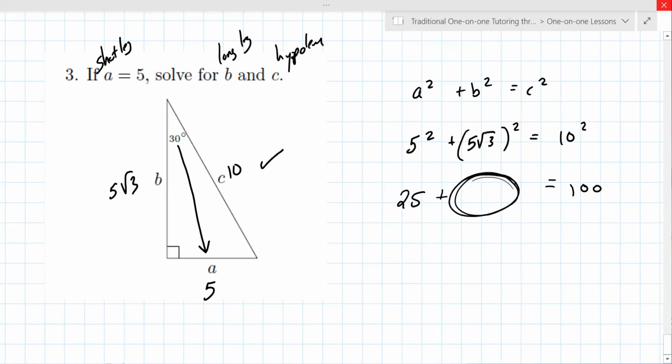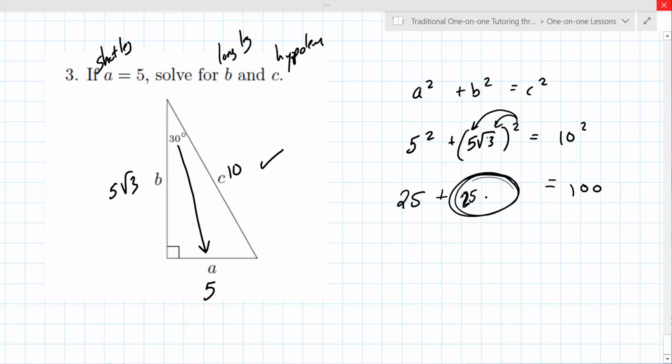Well, how does this thing inside the parentheses become 75? Well, you square the 5, and then you square the square root of 3. So when you square 5, that's 25, not 75.